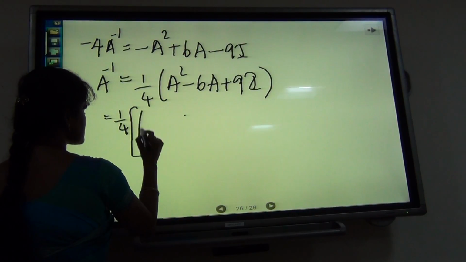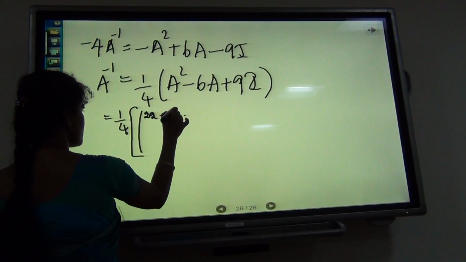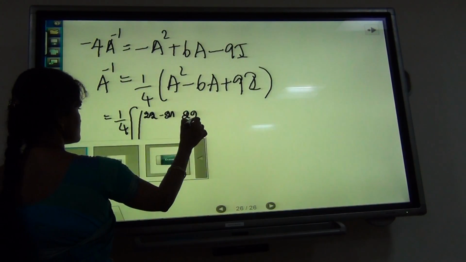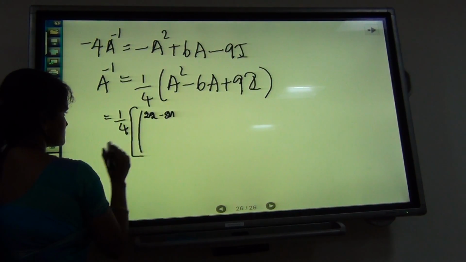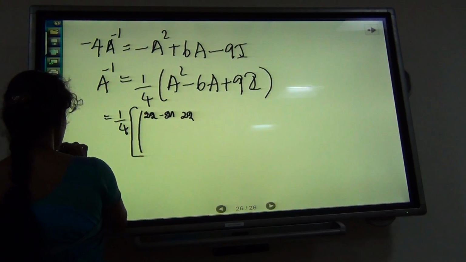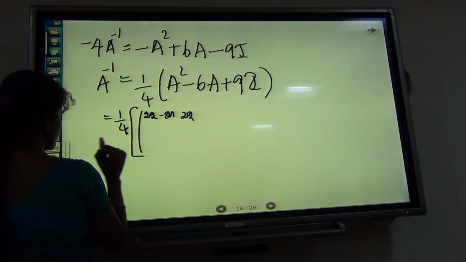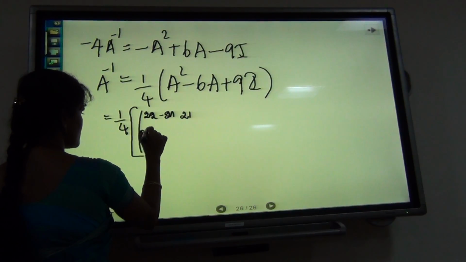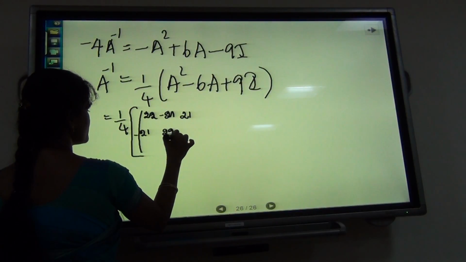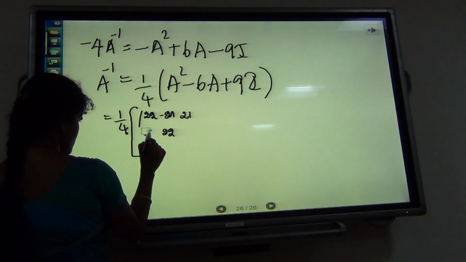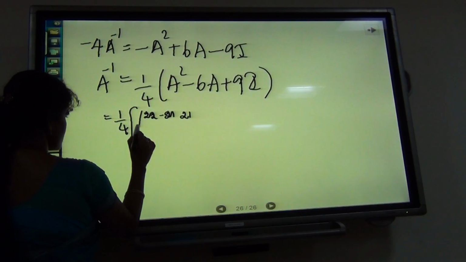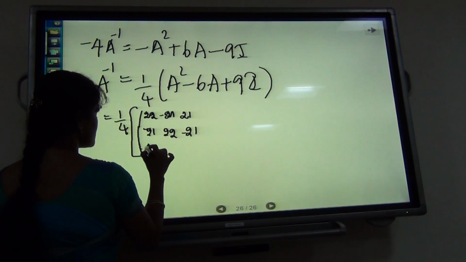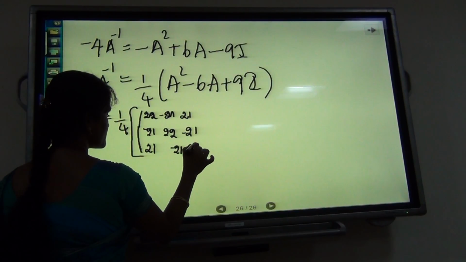We have already found what A square is. What is our A square? It is 22, minus 21, 22, minus 21, 22, minus 21, plus 21, minus 21, 22.